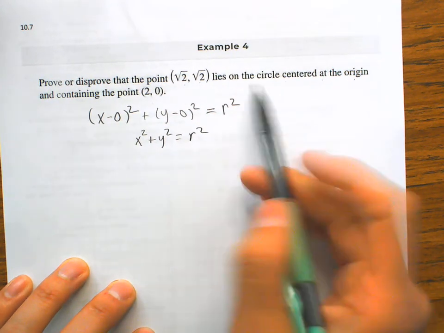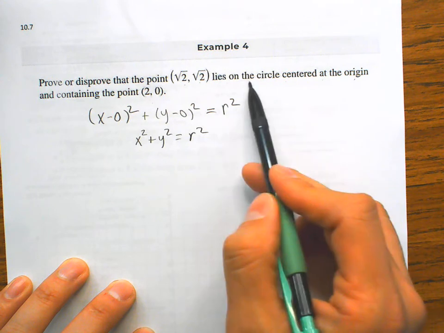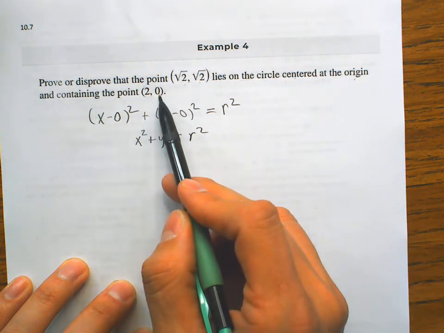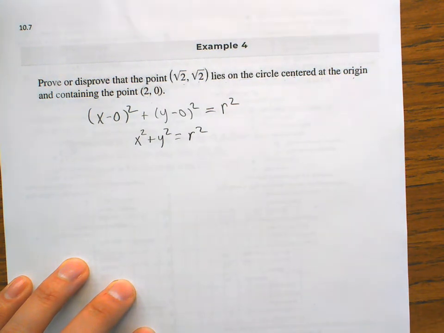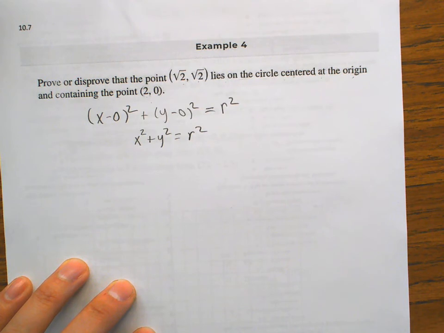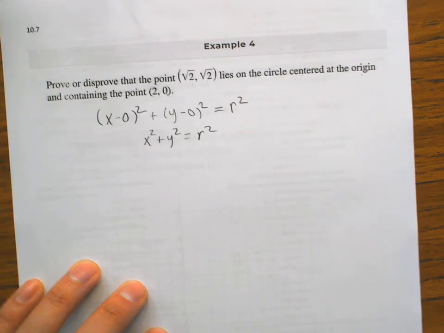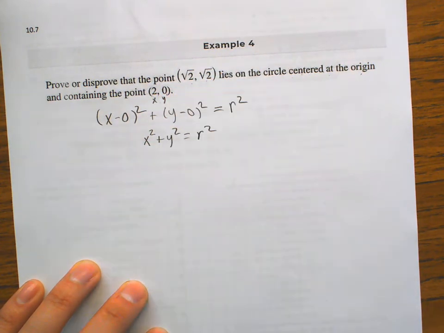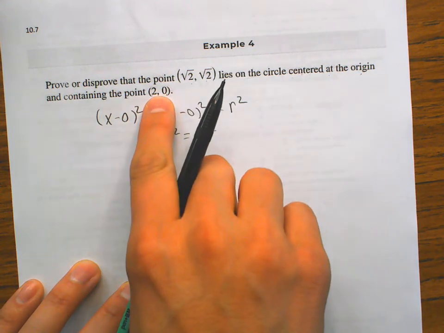Now, it says the circle has its center at the origin and contains the point 2, 0. If you really think about it, if it's at the origin and another point is at 2, 0, you know the radius is going to be 2. But let's say we don't know that. What I'm going to do is plug these values into the equation, because they might give you a point that is not on the axis.